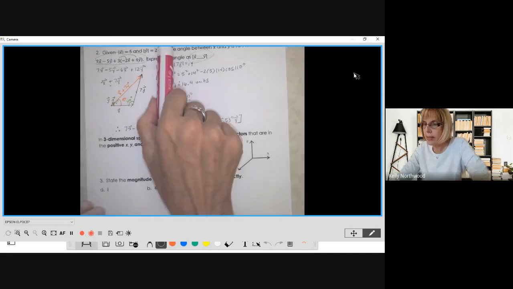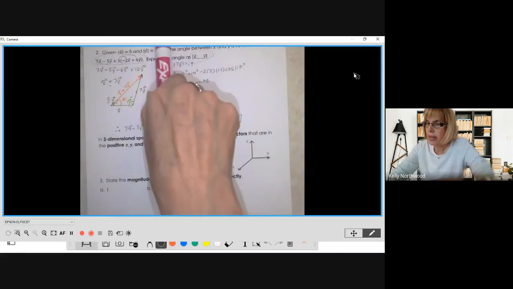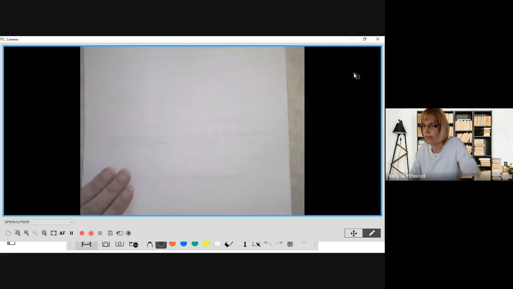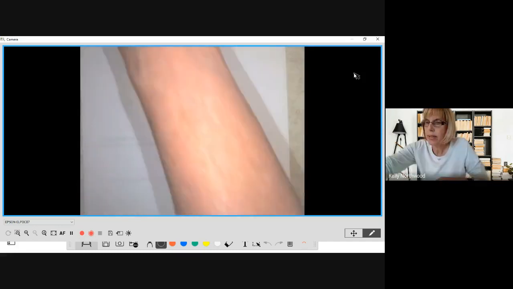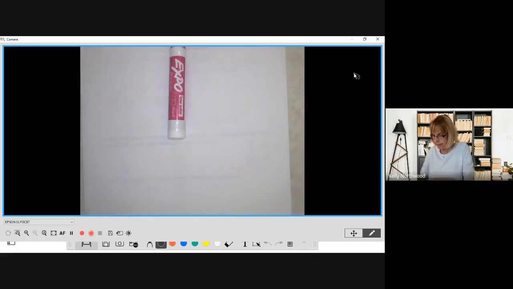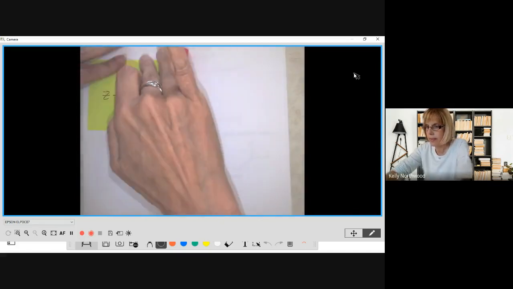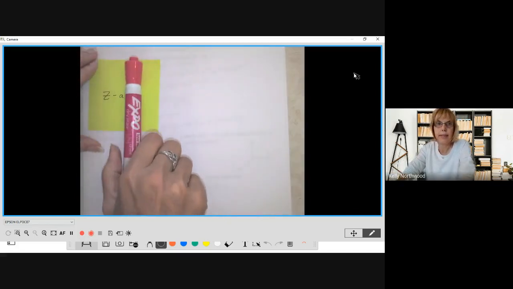So up and down is going to be our new, actually, let me get a blank piece of paper. So up and down is going to be our new z-axis. So this is our z-axis, up and down, okay, z.